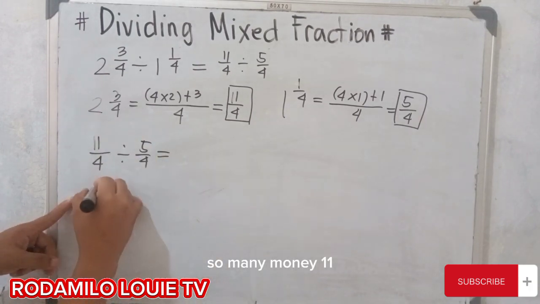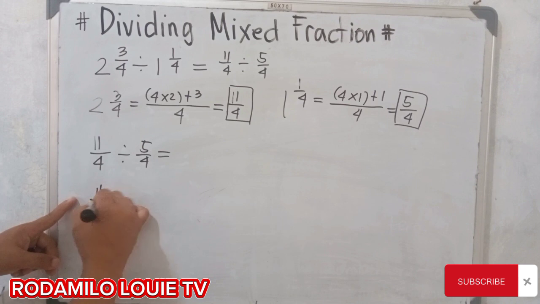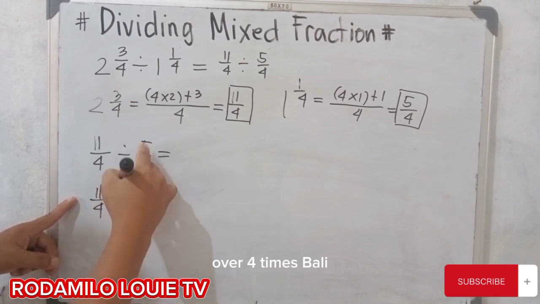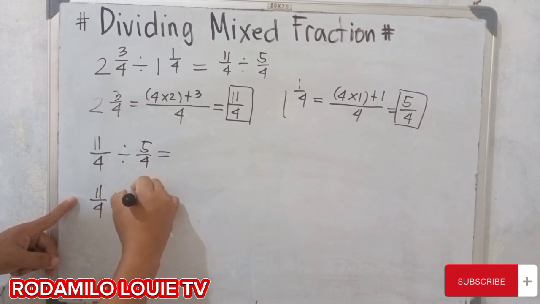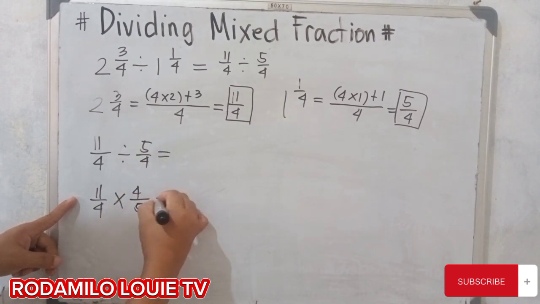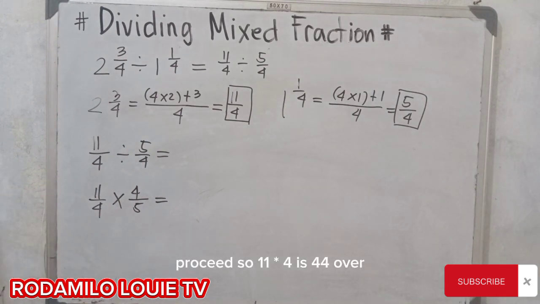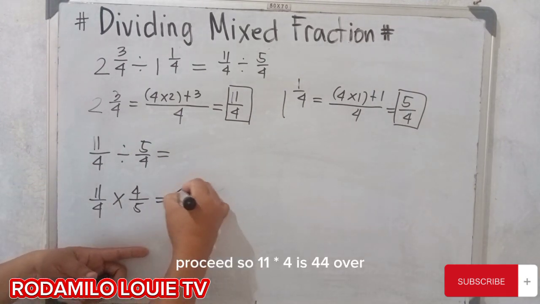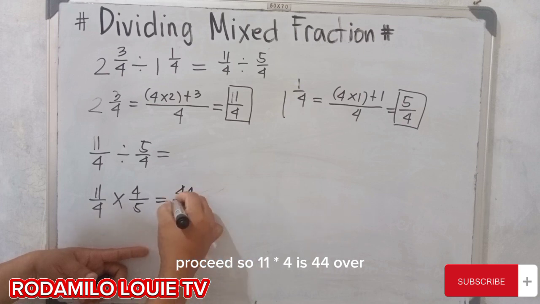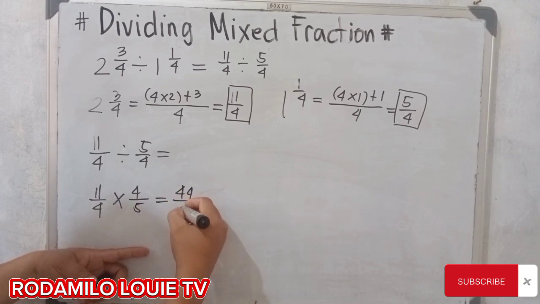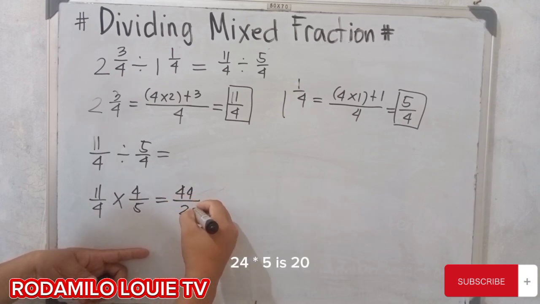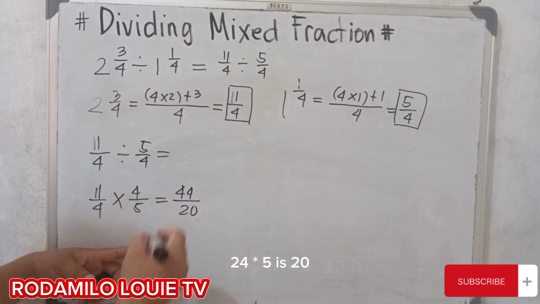So it becomes 11 over 4 times the reciprocal: the 4 becomes the numerator, the 5 the denominator. Let's proceed. 11 times 4 is 44 over 20. Okay, 4 times 5 is 20.